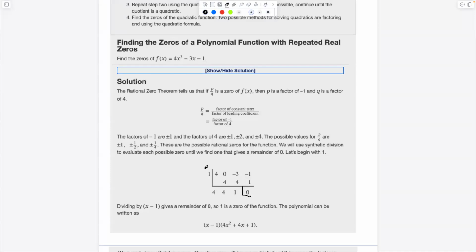It also means if we factor out x minus 1, these will be the coefficients of the lower degree polynomial that's our quotient. So this guy here could be factored: x minus 1 times this quadratic. So you look, the 4, and the 1.